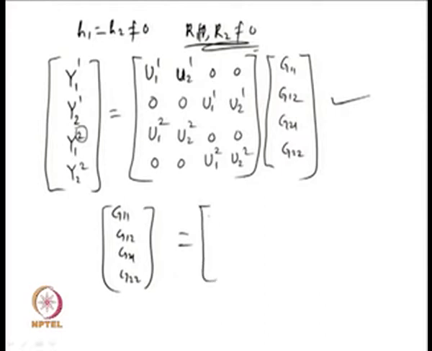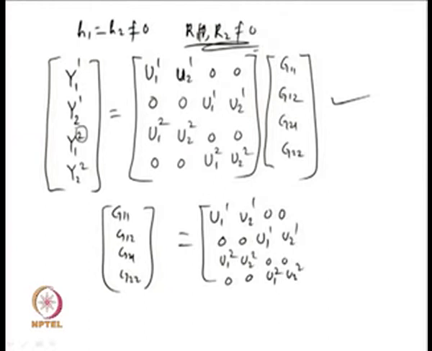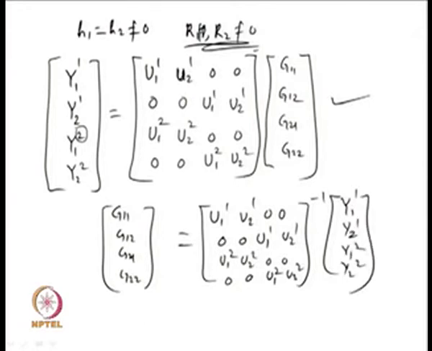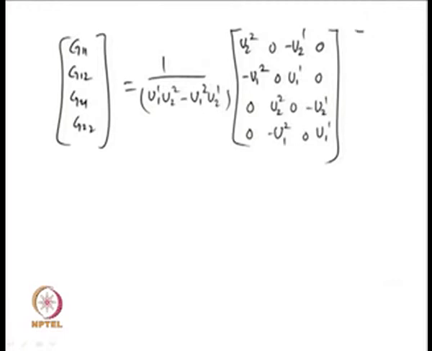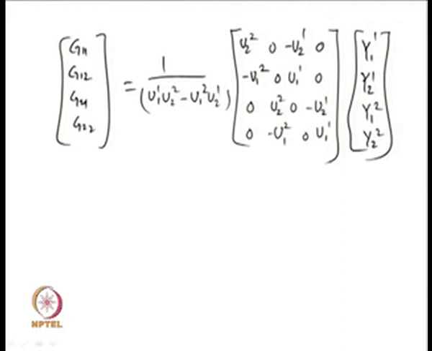So, you will have the matrix inversion of U11, U21, 0, 0, 0, 0, U11, U21, then U12, U22, 0, 0, 0, 0, U12, U22, inverse times Y11, Y21, Y12, Y22. So, this is how you get it. I find the matrix inversion, which comes out to be of this form, times your Y11, Y21 and Y12, Y22. Okay. So, this is how you get the expression for G now.